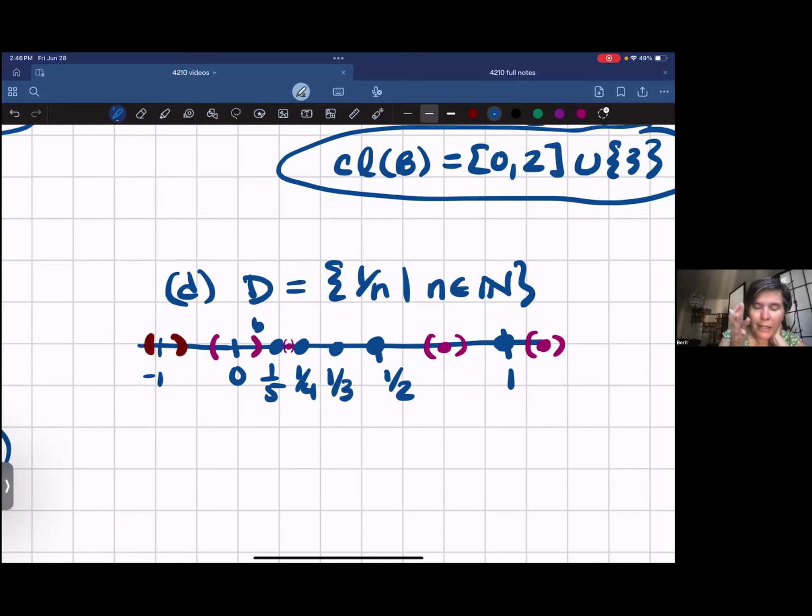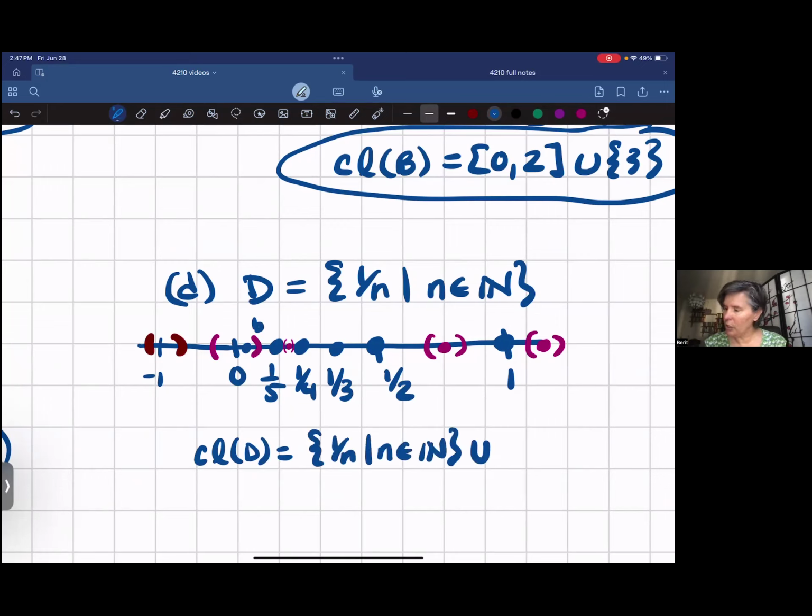If I keep looking at the points of D, 1/5, 1/6, 1/7, 1/8, eventually they'll get small enough that one of them will be less than B, because B is a positive number, and these points get closer and closer to 0 without bound, okay? And so any open interval I draw around the point 0, there's going to be some points of D inside that interval. So 0 is in the closure. So the one point we have to add to get the closure here is 0. So the closure of D is D itself, which I will recopy, union singleton 0.